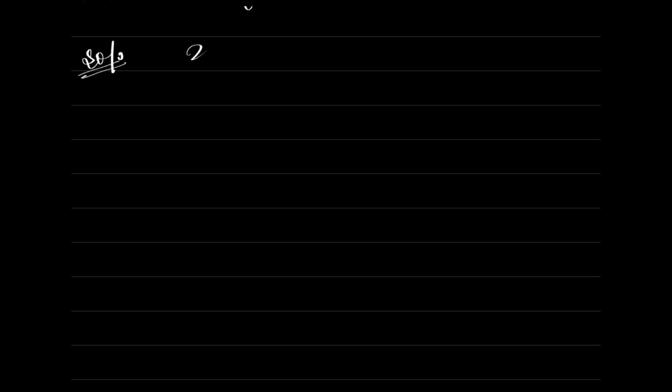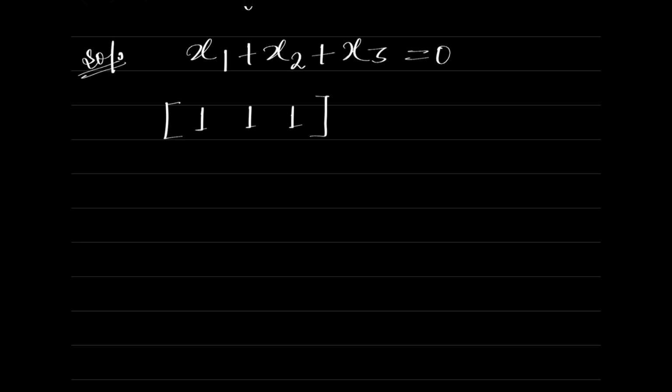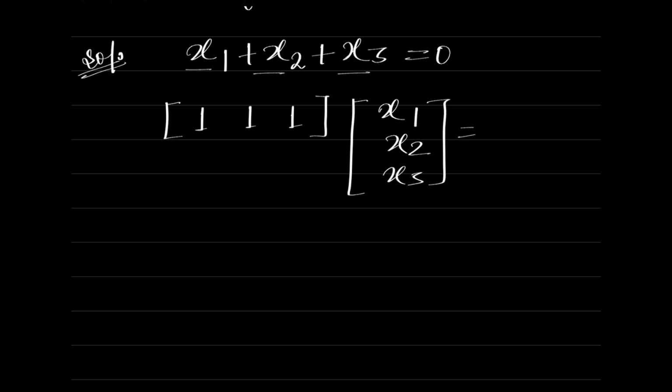So our equation is x1 plus x2 plus x3 is equal to 0. The coefficient vector is (1, 1, 1) and our variables are x1, x2, x3, which will be equal to 0.